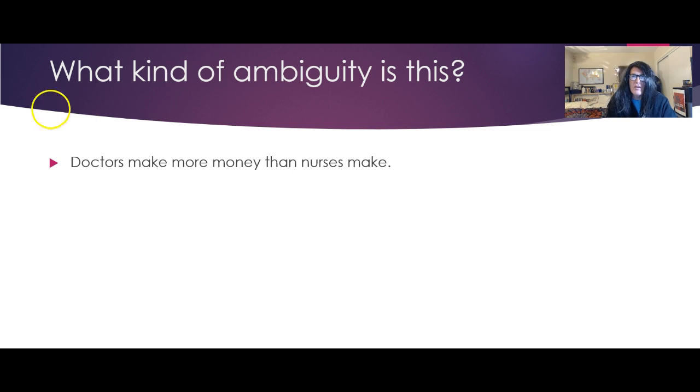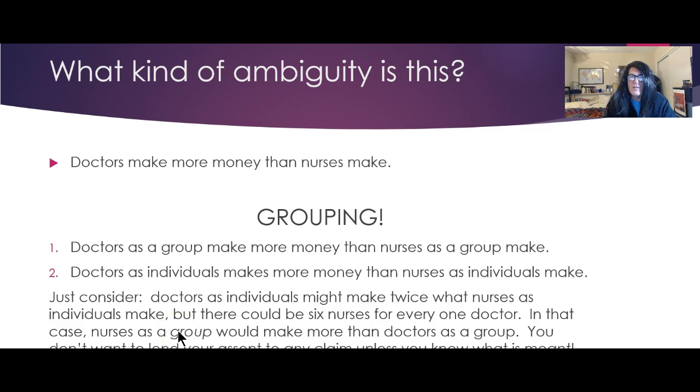What kind of ambiguity is this? Doctors make more money than nurses make. If you answered that this is grouping ambiguity, you are correct.